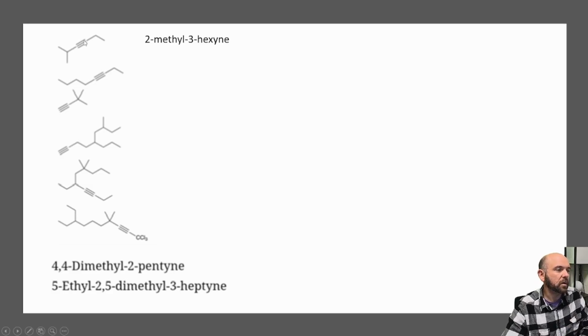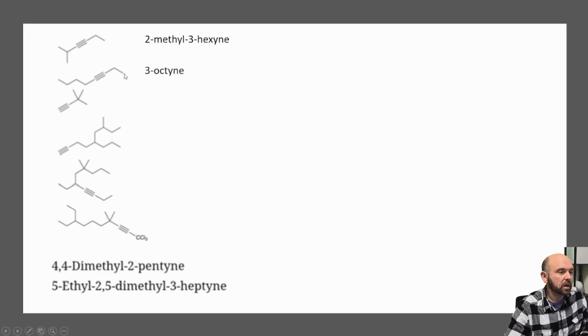We can really start on either end according to the triple bond because both would put it in a 3 position, but starting from this end puts the methyl group in the 2 position. So this molecule is 2-methyl-3-hexyne.